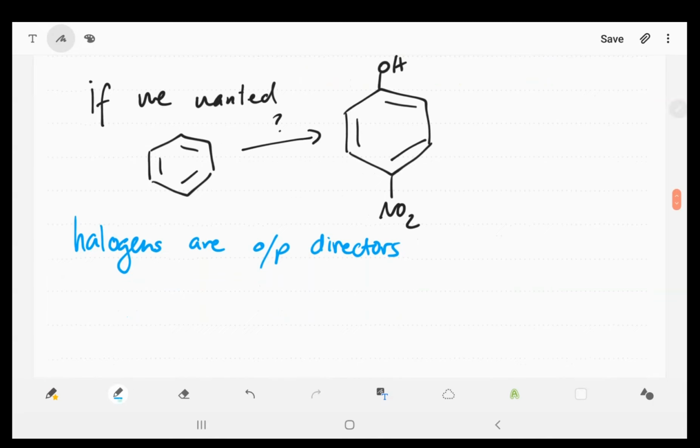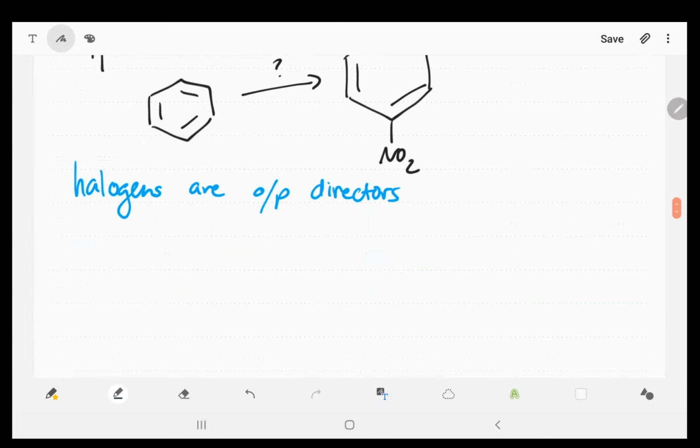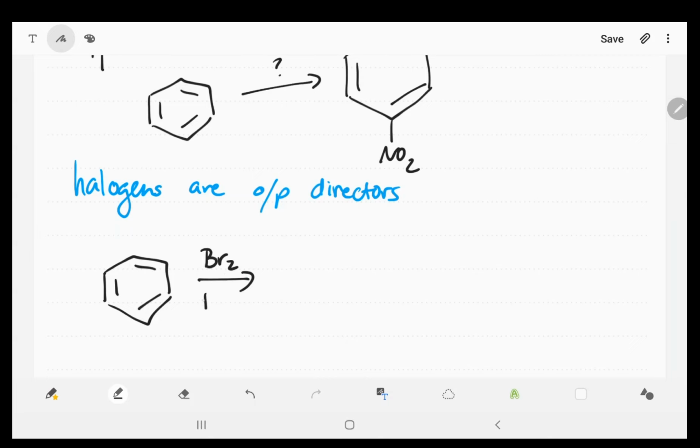So it's easy enough to put on a halogen, right? We just need to take our benzene and put it with some bromine and the Lewis acid. This is an electrophilic aromatic substitution. We end up putting our bromine on.